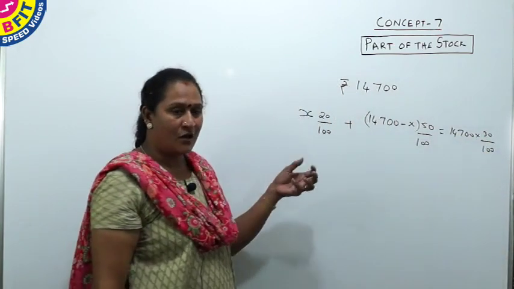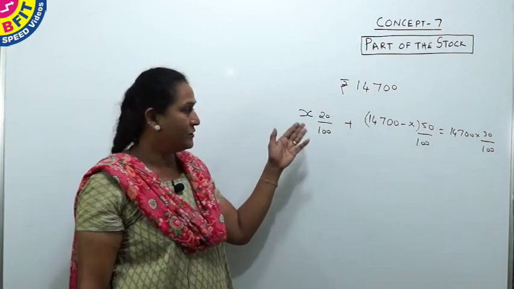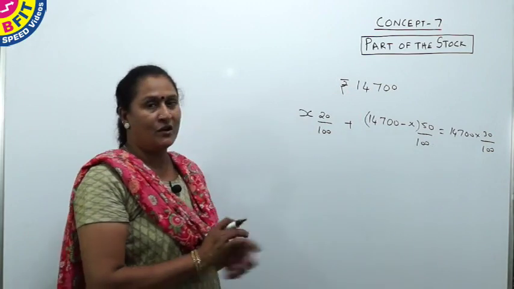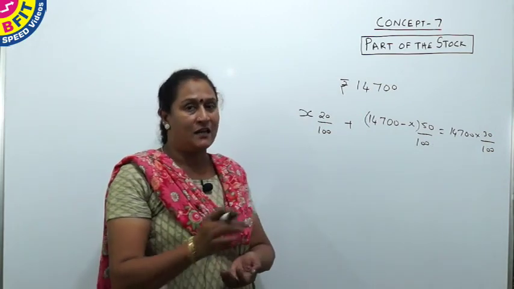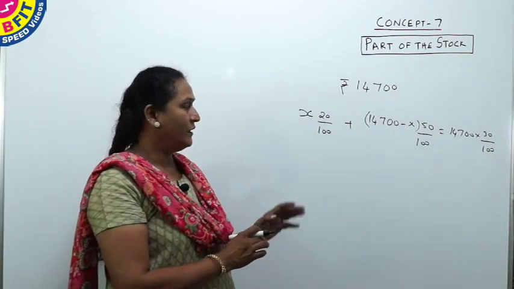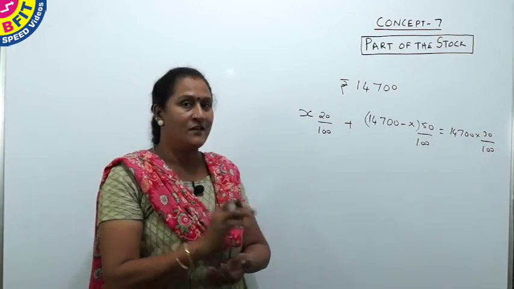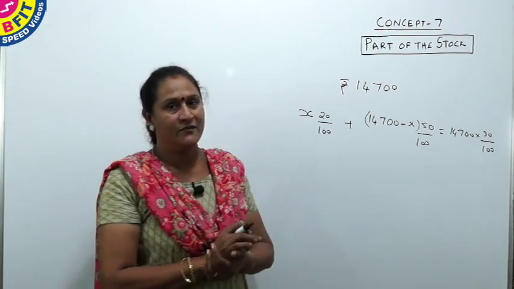So now by solving this, we can get the cost price of the table or the cost price of the chair. But instead of doing all this, we can use the alligation process to find the ratio of cost of table and chair. So it will save our time and avoid all these workings.